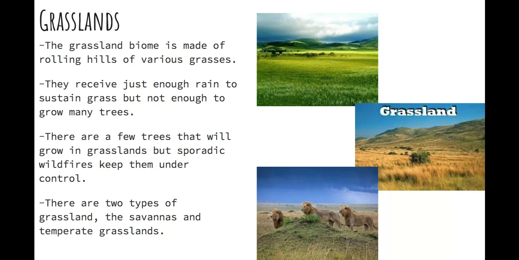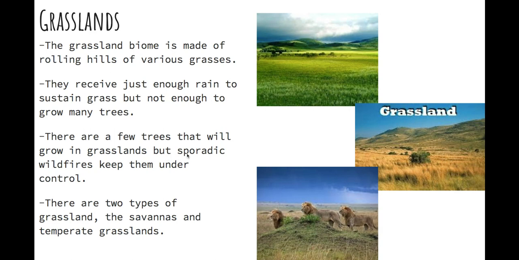Okay, the grasslands. The grassland biome is made up of rolling hills of various grasses. They receive just enough rain to sustain grass, but not enough to grow many trees. So if you look, you can see a lot of grass, not a lot of trees. And that has a lot to do with the climate, again, and precipitation, like rain. It doesn't get as much. It gets more than the desert, but not enough to grow trees, like the forests.